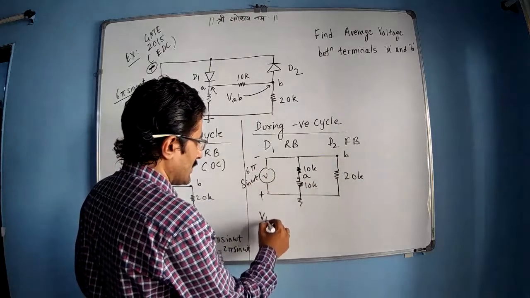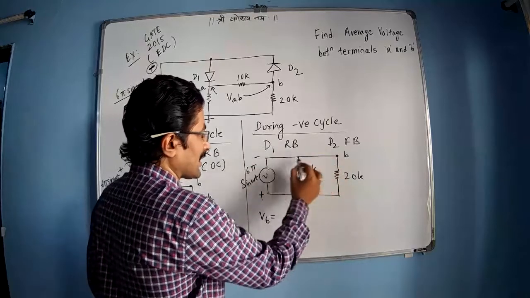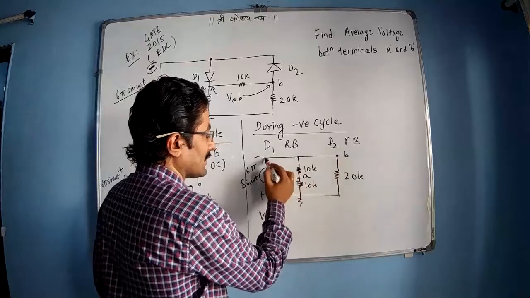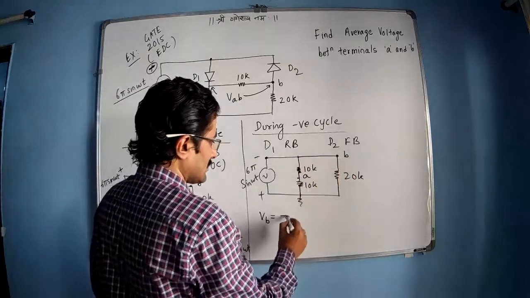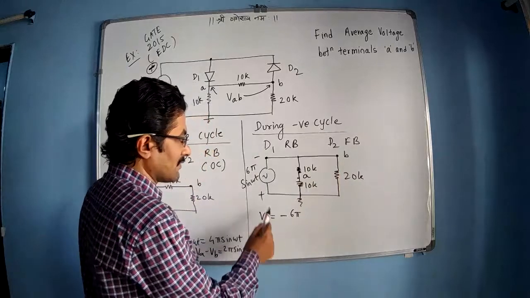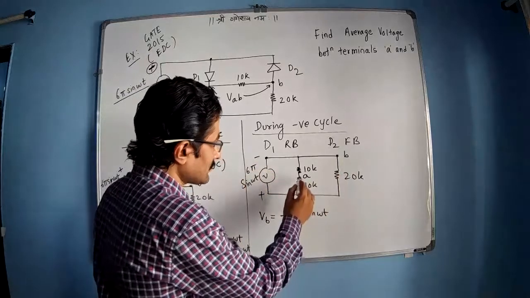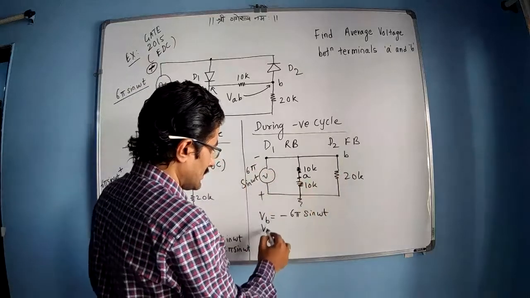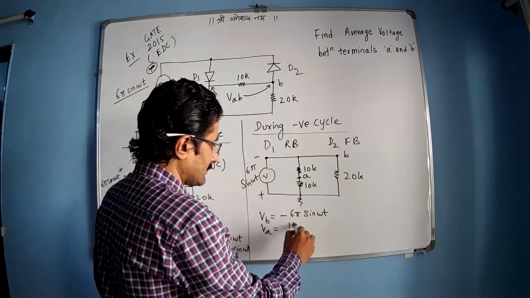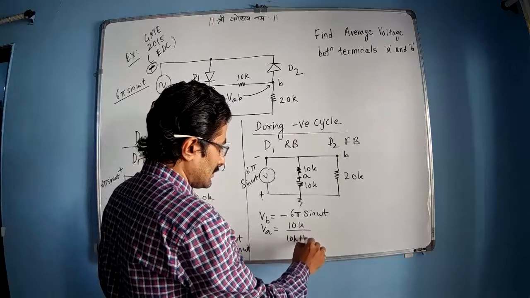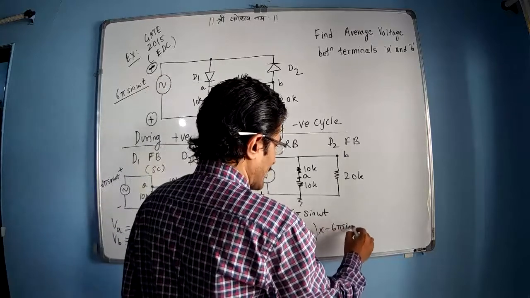Now this whole negative voltage will appear at B, because there is no component between this terminal and B. So VB will be minus 6π sin ωt. Why minus? Because this is the negative terminal. And to find VA, again using voltage divider, 10k divided by 10k plus 10k, multiplied by the total voltage minus 6π sin ωt.